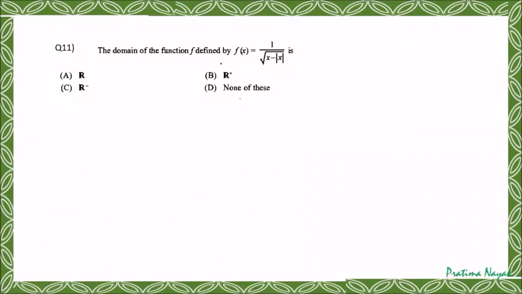Now find the domain of this function. f(x) is equal to 1 by square root of x minus mod x. What is the domain? Real numbers, positive real numbers, negative real numbers? None of these. Now let us define this once again. Mod x is same as x when x is greater than or equal to 0, and this is same as negative x when x is less than 0. So if I put positive x, that means greater than or equal to 0, I'm getting x minus x, that is equal to 0.